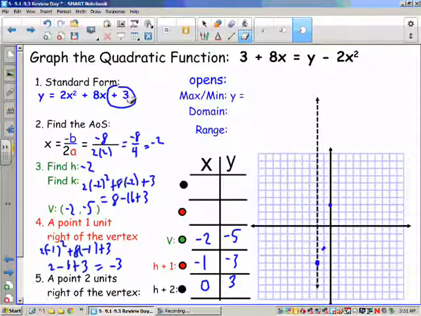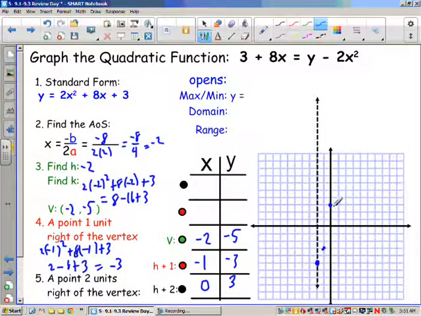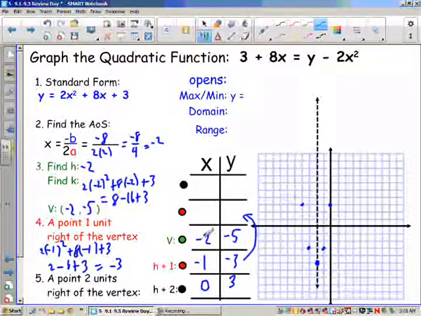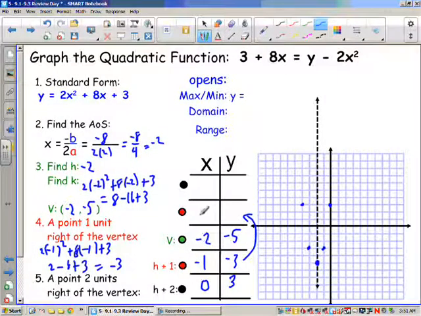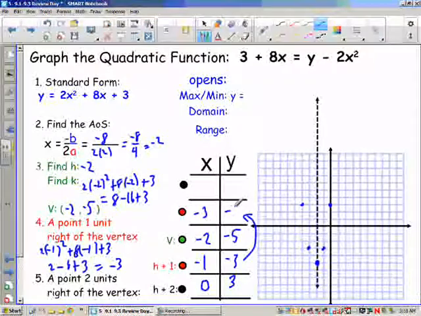Okay. And now what we want to do is have a quick look at our axis here and reflect over these dots. And we get a shape like this. If we go negative 2 minus 1 instead of adding 1, we would end up with negative 3 and the negative 3.